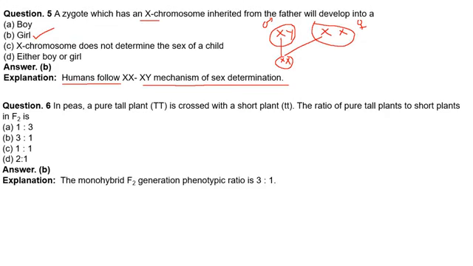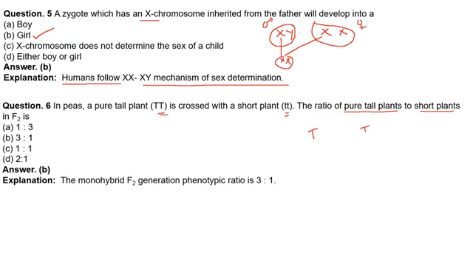Question number 6. In peas, a pure tall plant TT is crossed with a short plant, small t small t. The question asks for the ratio of the pure tall plant to short plants, right?